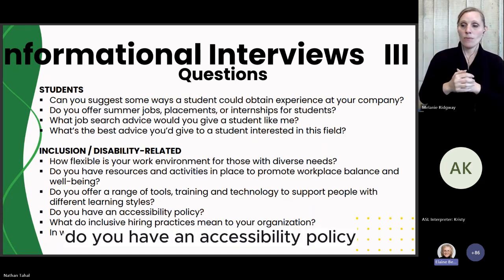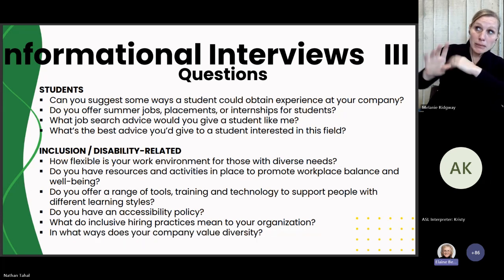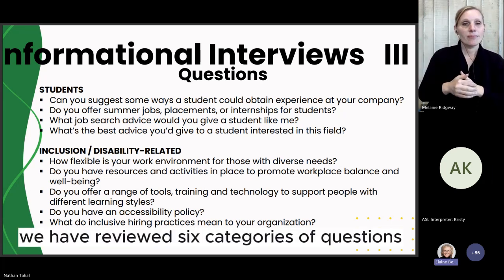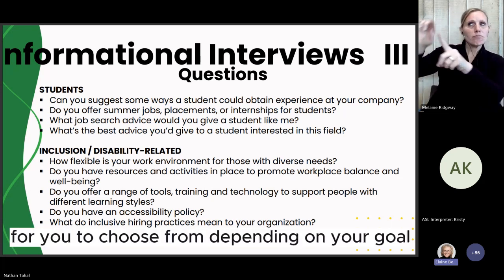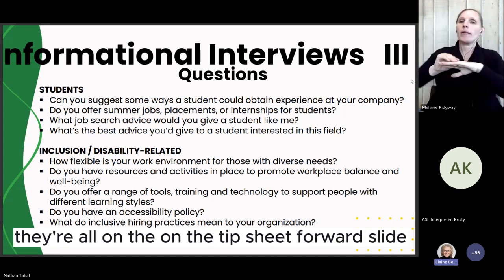Do you have an accessibility policy? In summary, we have reviewed 6 categories of questions for you to choose from, depending on your goal. They're all on the tip sheet. Forward slide.